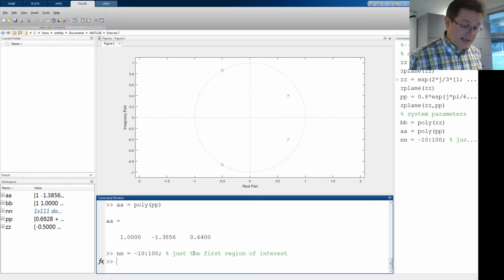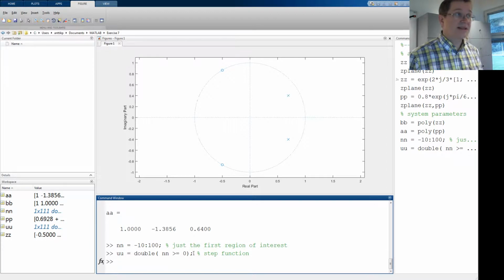And then the step function is, well, you should know that one, n greater than or equal to 0. Step function, and then we have the system parameters, the linear system parameters.